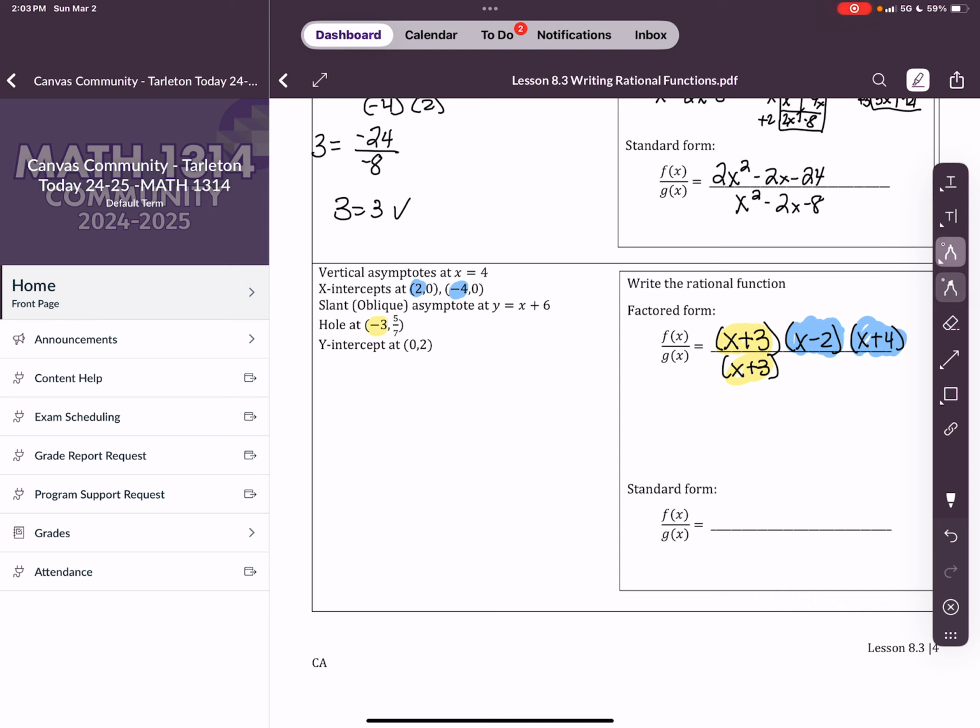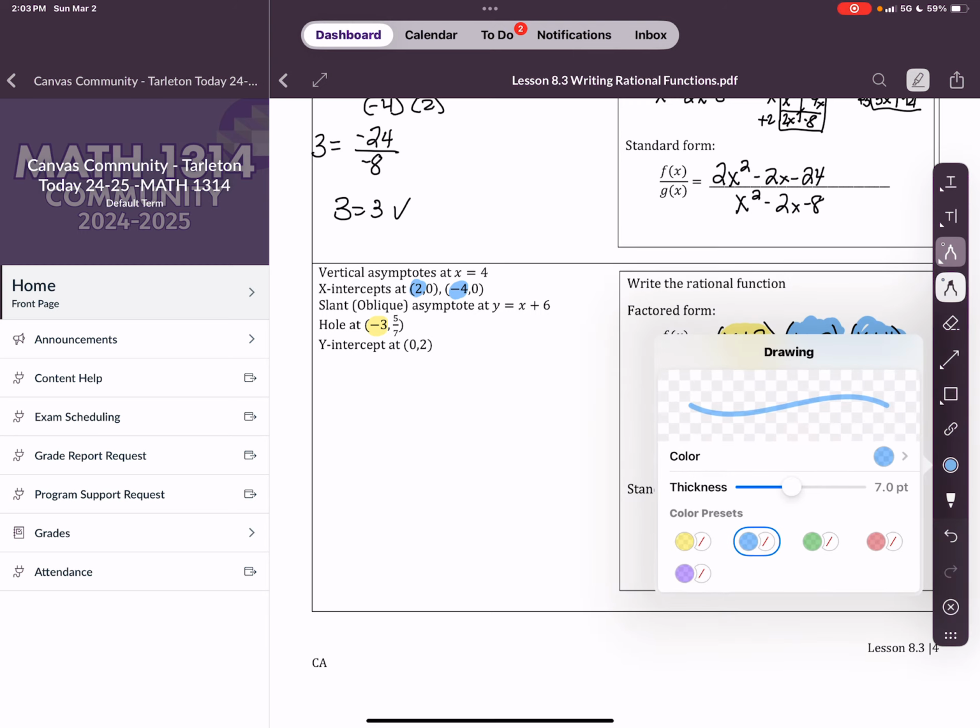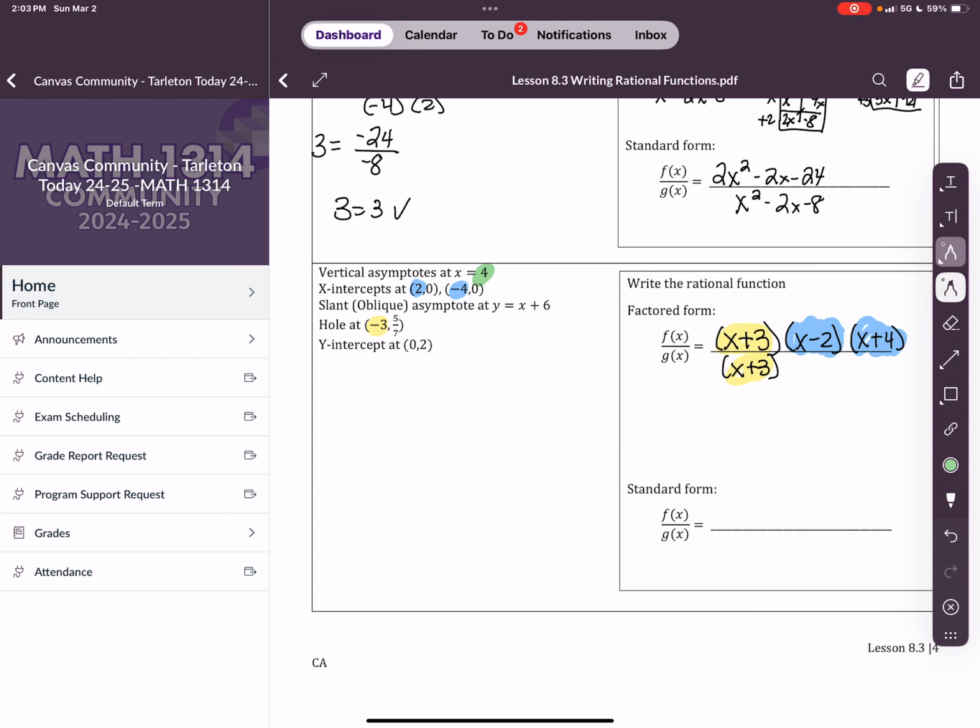And then the last thing I need to include on my equation here is my vertical asymptote. Since it's at positive 4, my factor would be x minus 4. One thing to point out is make sure that this is a positive 4, so it has to be x minus 4, because it can't be x plus 4. If that was the case, that would also be a hole because it's a shared factor. All right?